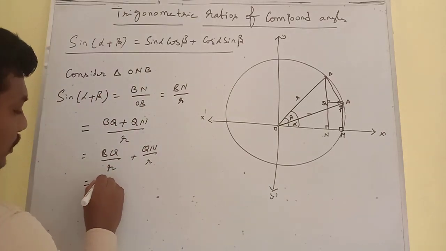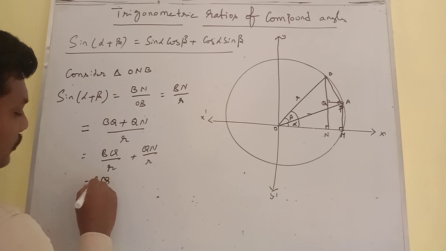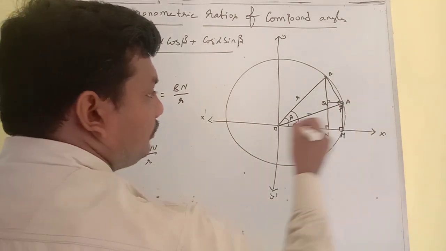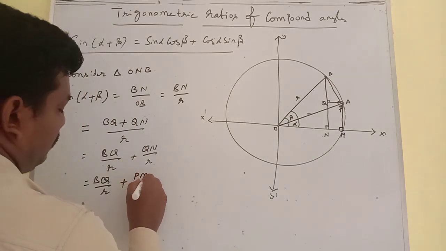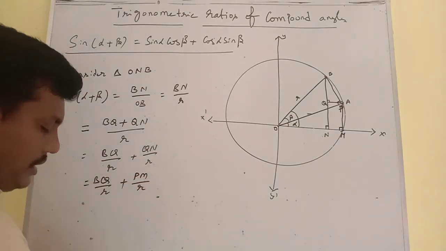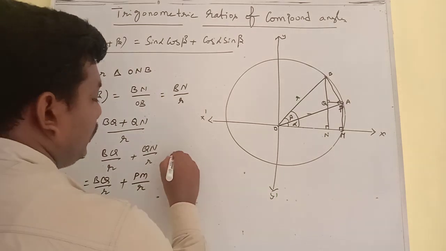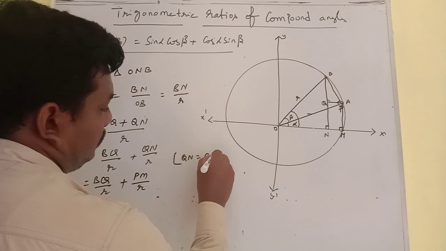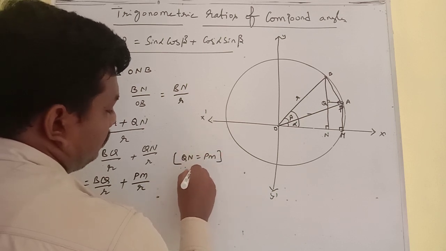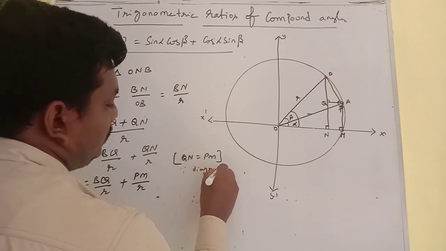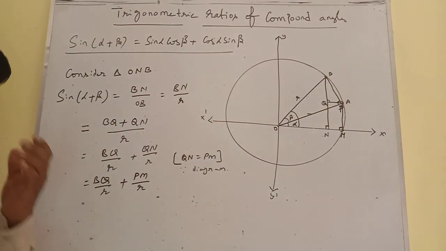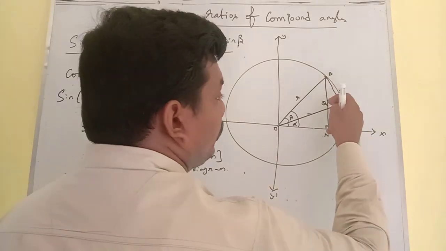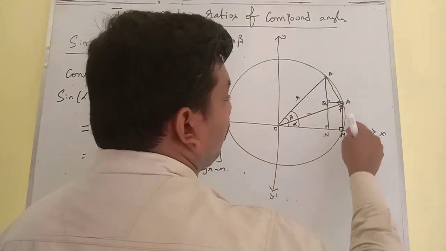So in place of QN we write PM, that is, BQ by r plus PM by r. QN is equal to PM from the diagram.